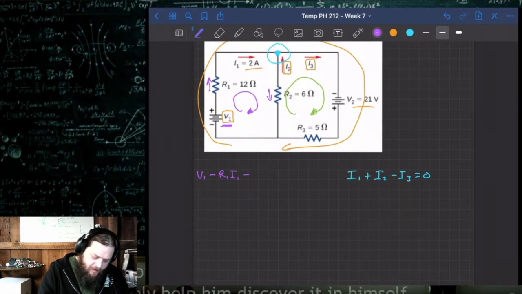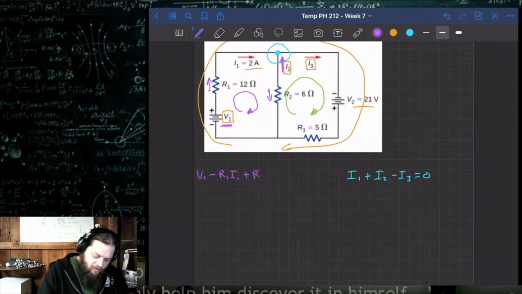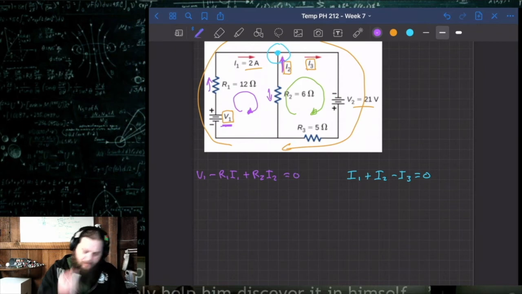That's going to be minus the current drop, but it won't be minus really, because it will be plus, because our current is going in the opposite direction of our loop. So we're going to add. We're going to be gaining voltage in that situation. So that's going to be R2 I2. And then it would come back around to there. So that whole thing should equal 0. And that's 2 equations that we have now.